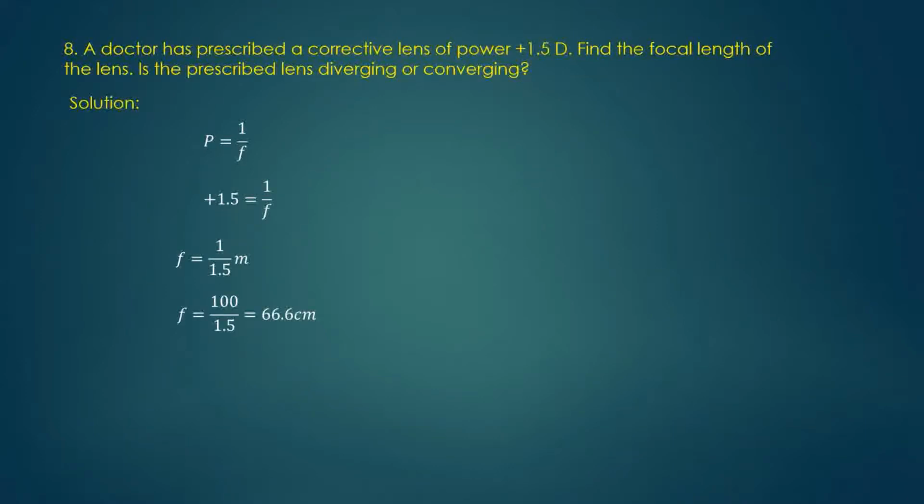Then we convert it into centimeter. It will come out to be 66.6 centimeter. And f is positive. And the positive focal length is of convex lens, converging lens. So if power of a lens is positive, the lens is converging lens. If power is negative, lens is concave lens. If power is positive, the lens will be convex lens.